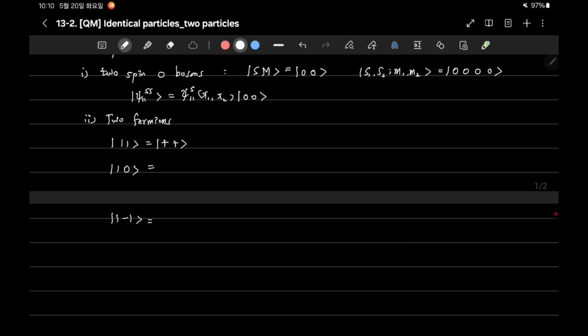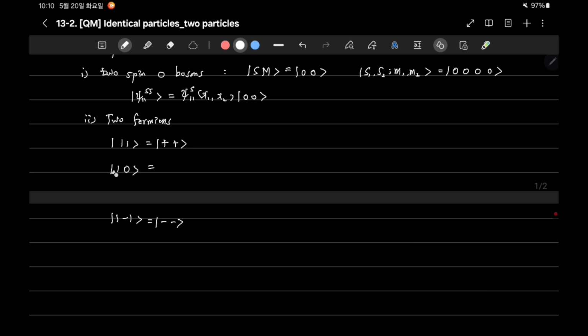Minus 1 means that the spin is the down state. The spin up case is symmetric, because if we exchange the two particles, it is still symmetric. And minus 1 minus 1, spin down, is also symmetric if we exchange the two particles. So the 1, 0 should be symmetric.